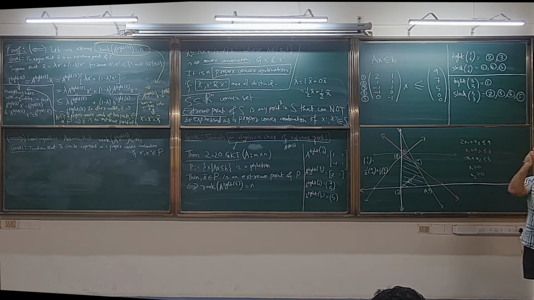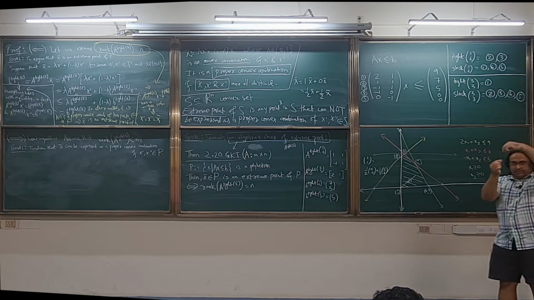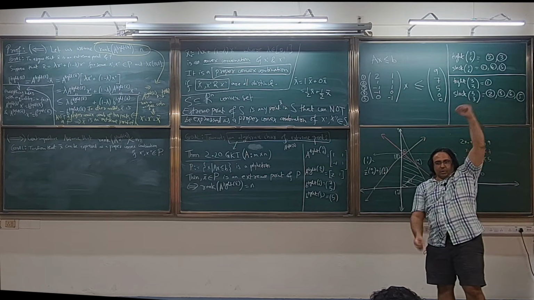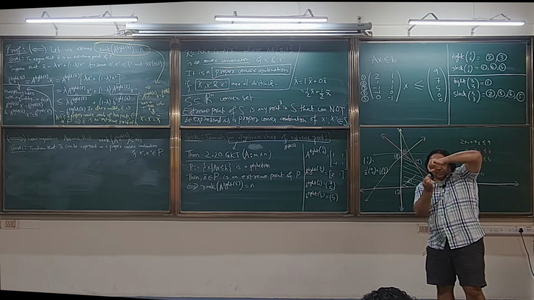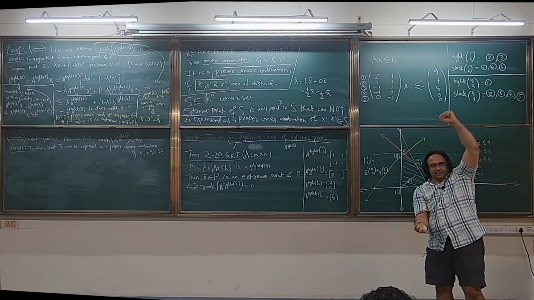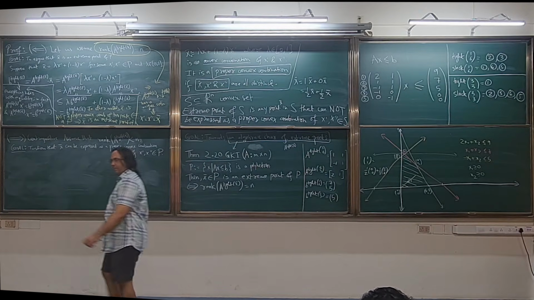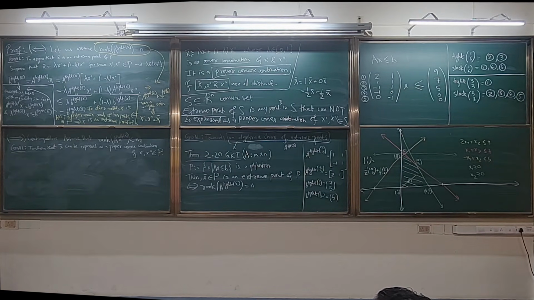In fact, the intersection of the two planes, if they intersect at all, will just be one line, and all points on that line can be written as a convex combination of two other points on the same line. So it will just not have extreme points.